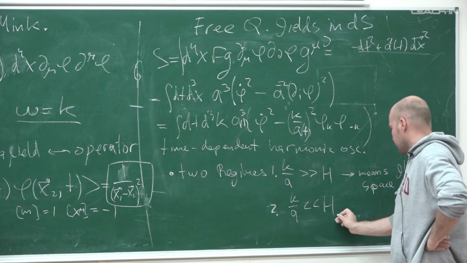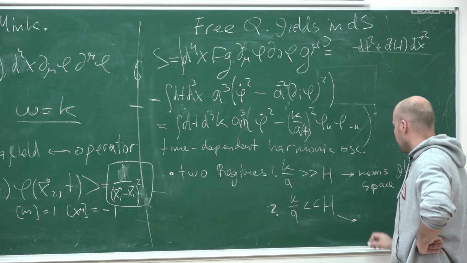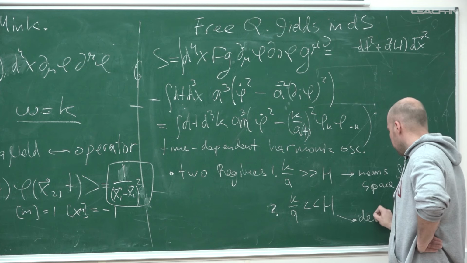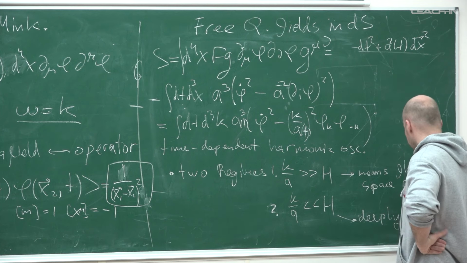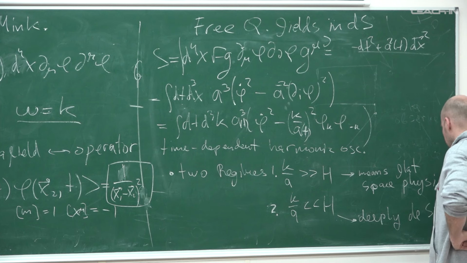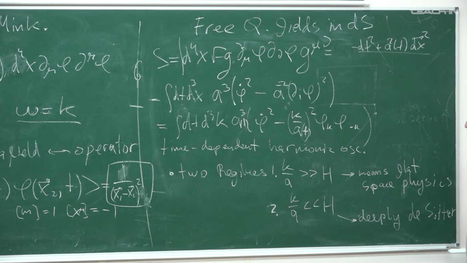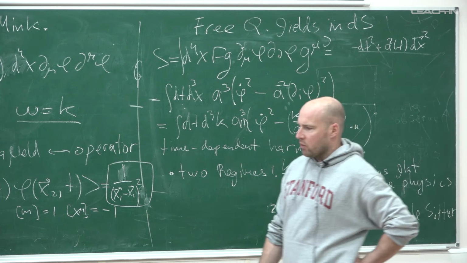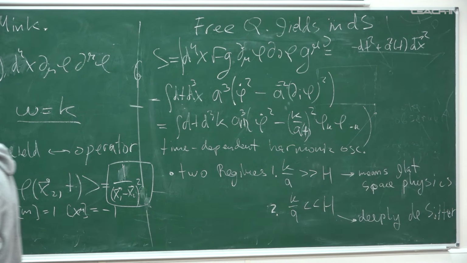And this means, kind of importantly, deeply de Sitter. So where does it come from? Intuitively, it should be clear that some sort of inequality should exist like this, because we now live in a space-time that I'm telling you is actually de Sitter, or very close to de Sitter, on large distances.